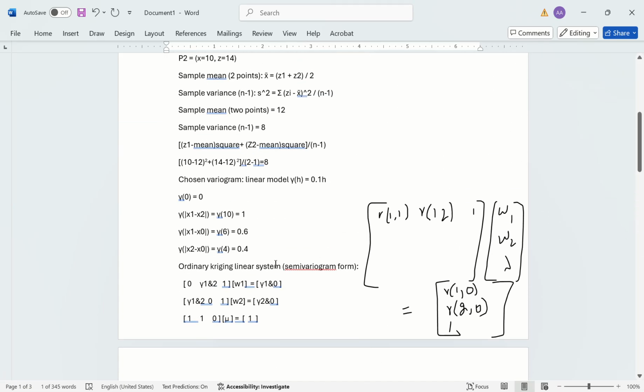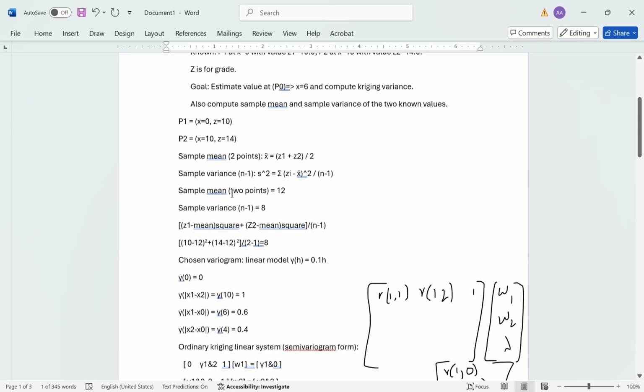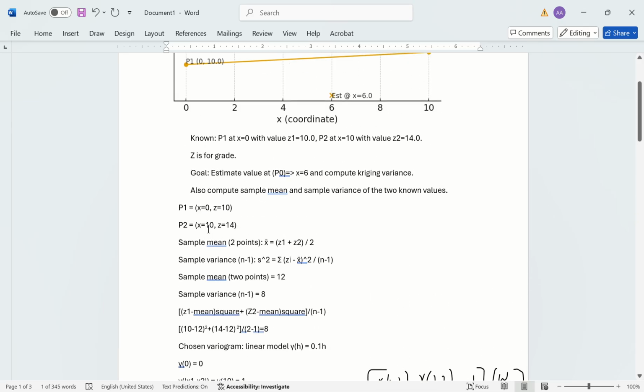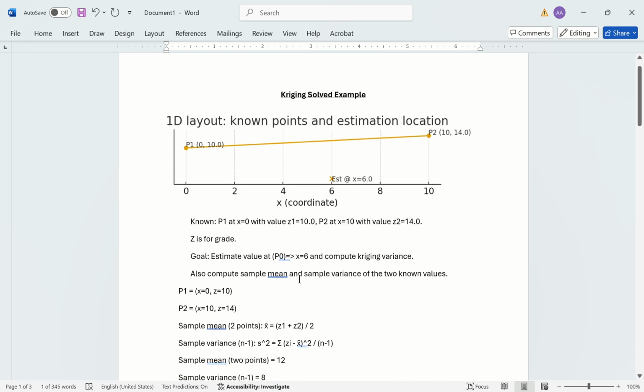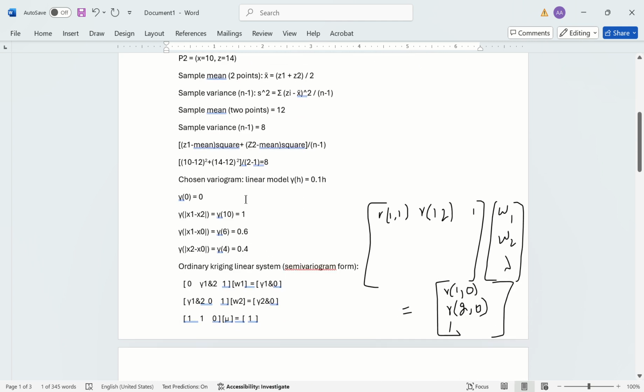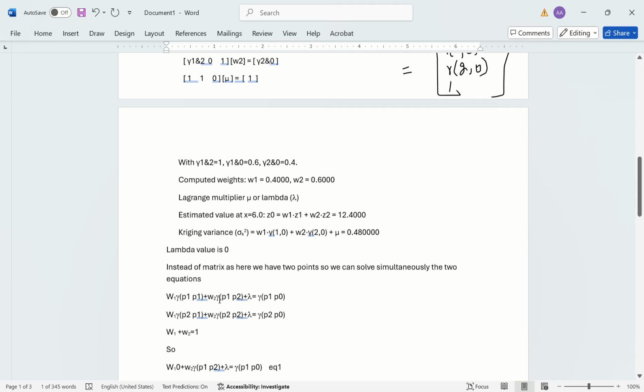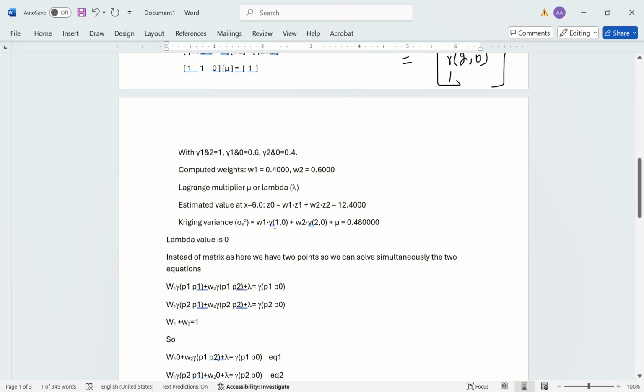So how are we going to find out the variance of estimation? The formula for the variance of estimation is sigma square equals W1 gamma 1 and the point of interest, as we had only 2 points, plus W2 gamma 2 and the point of interest.